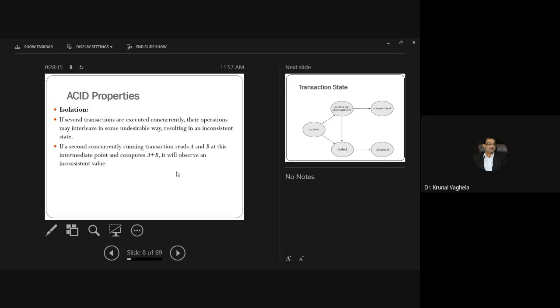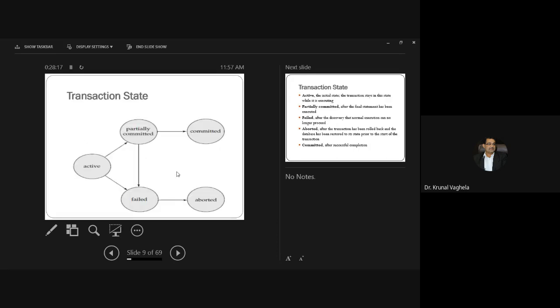Got it? So the last topic we'll see is transaction state. This is the last for today. The transaction can be in these states at any time: active, and consider the arrows also. From active, either it can be partially committed or it can be failed.